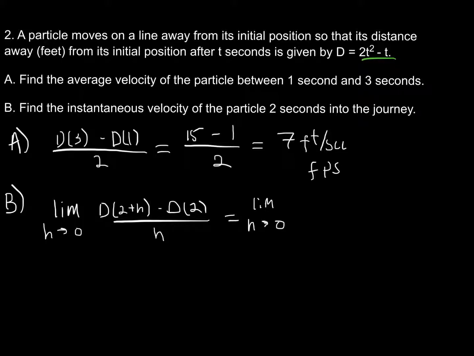And so d of 2 plus h is going to be 2 times (2 plus h) squared, minus (2 plus h). That's d of 2 plus h. And then d of 2 is just the value you get when you plug in 2. So 2 squared is 4, times 2 is 8, minus 2 is 6.